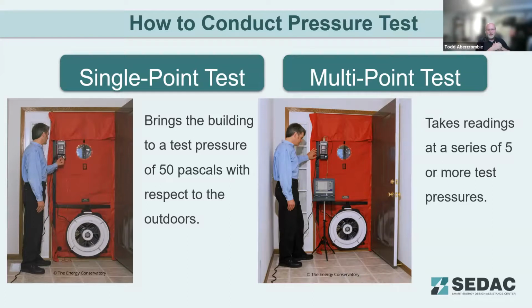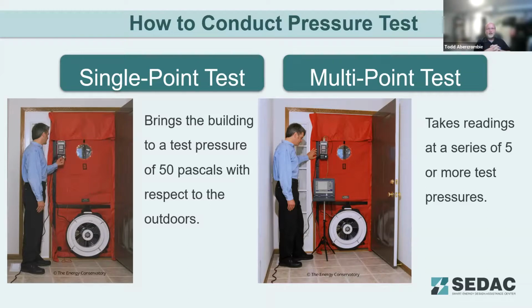A multi-point test takes a series of 5 or more test pressures and takes readings at each of those test pressures. The one I use most often takes readings at 8 different test pressure points, as low as 10 pascals and as high as around 60 pascals. But then it will calculate the actual CFM50 or ACH50 that we need for code compliance.